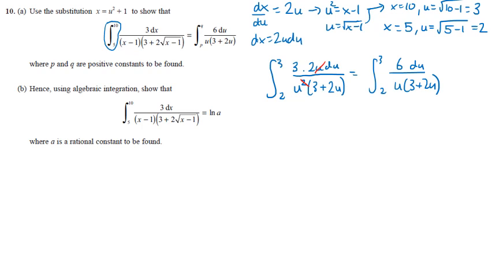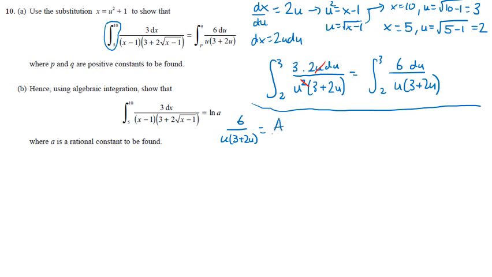Okay, so hence using algebraic integration, show that we can write the value of that integral as the logarithm of some constant. So what we can do is say that 6 over u times 3 plus 2u, we can split up into partial fractions.